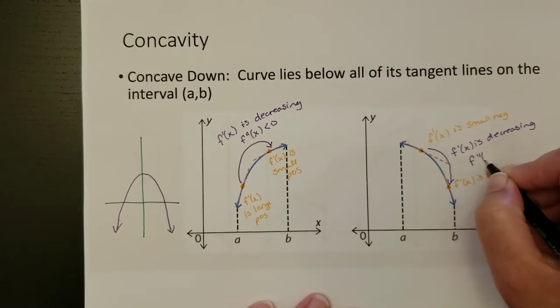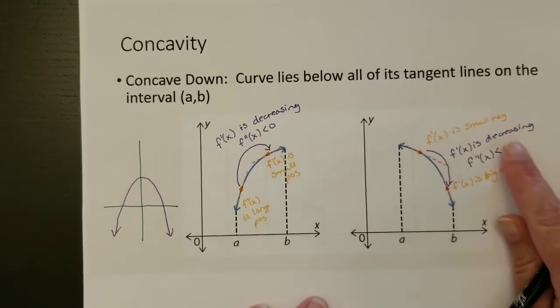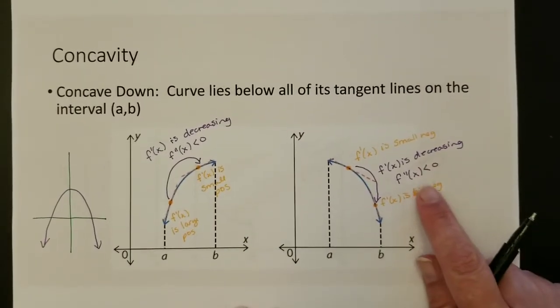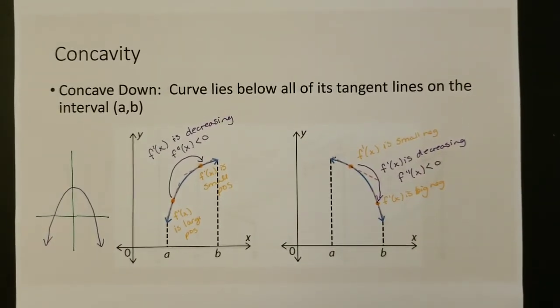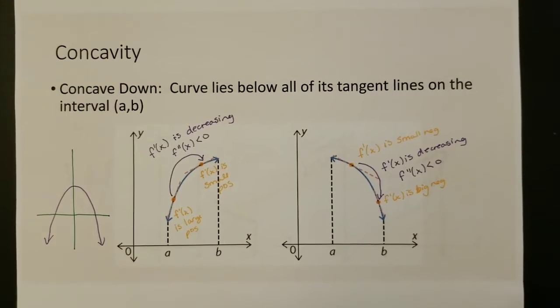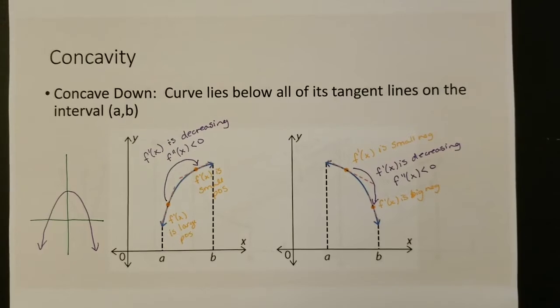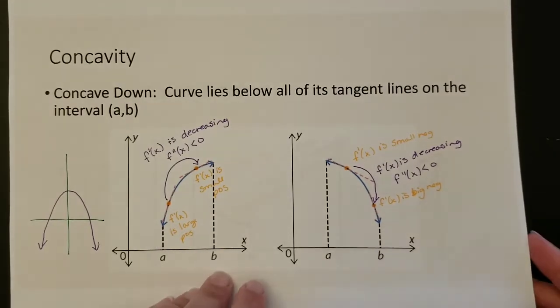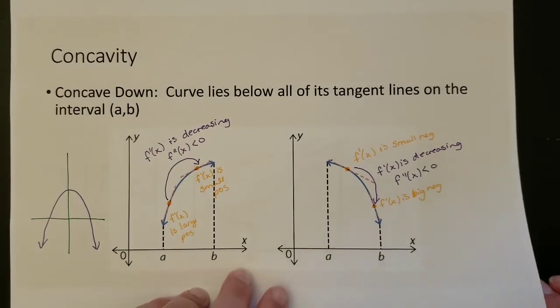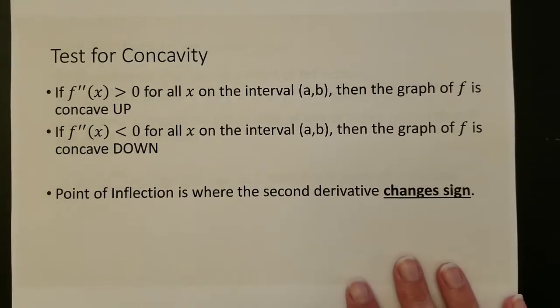So the second derivative is negative because the derivative function is decreasing. That means the second derivative is negative. So that's just kind of the visual or geometric graphical representation of why we can do that second derivative test, checking whether it's positive or negative.